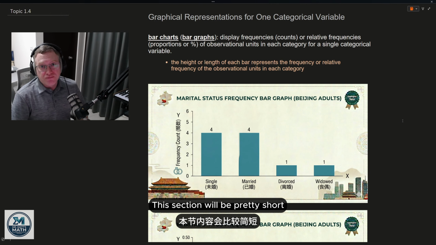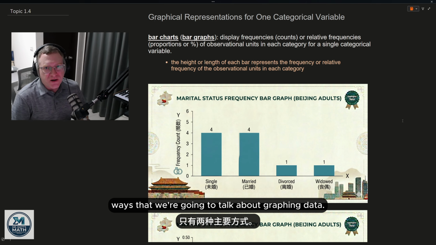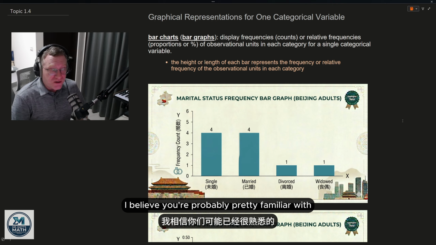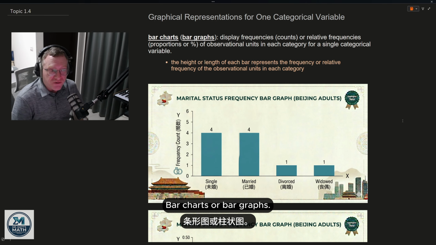This section will be pretty short because there's only really two primary ways that we're going to talk about graphing data. The first is something that I believe you're probably pretty familiar with, bar charts, or bar graphs.